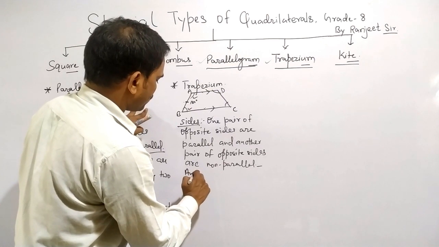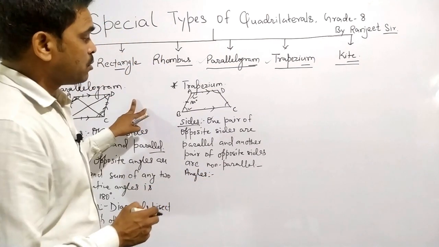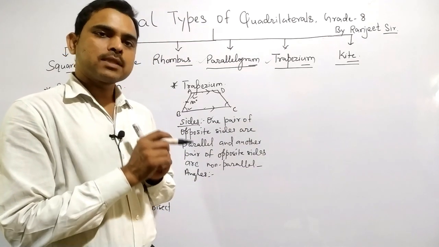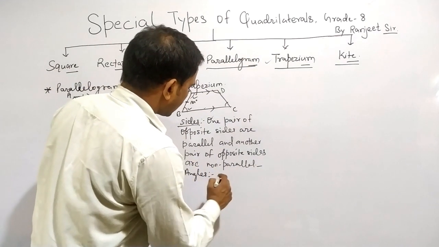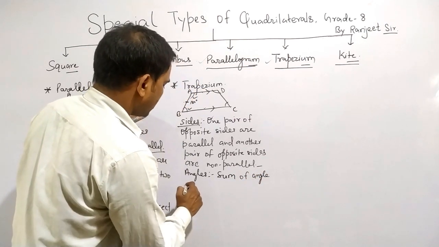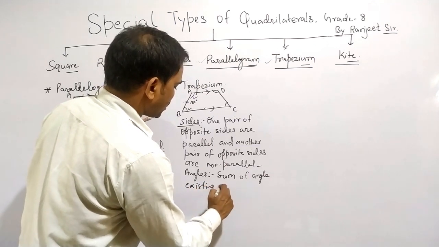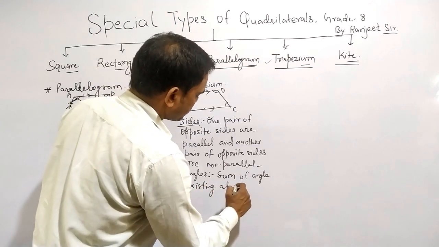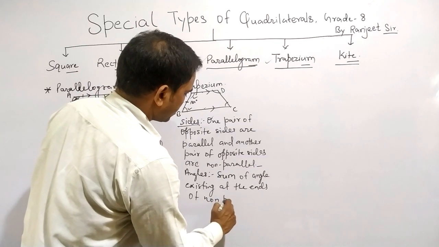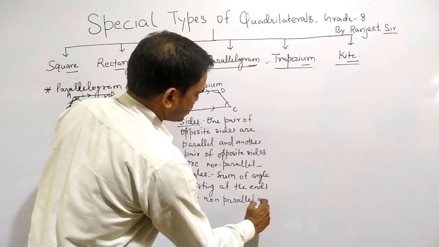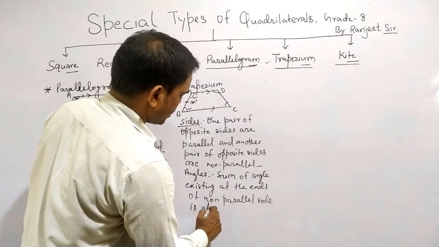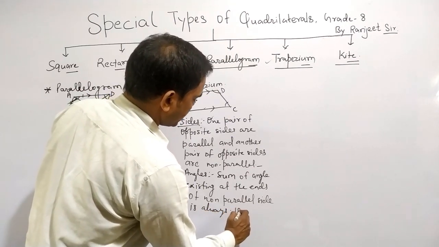So for the angles, what will I write? Sum of angles existing at the ends of a non-parallel side is always 180 degrees.